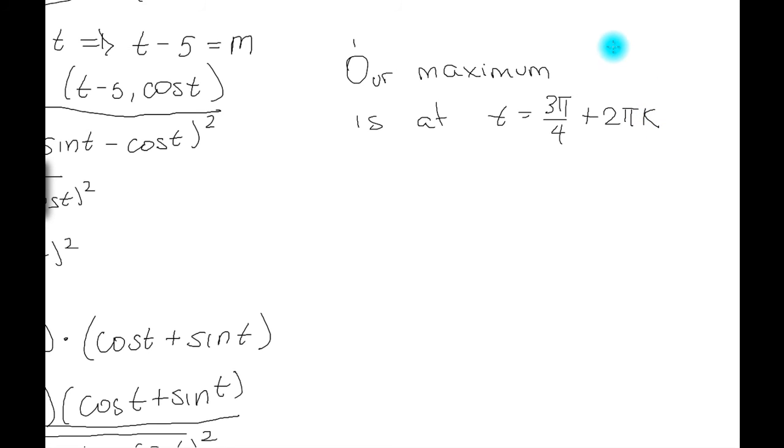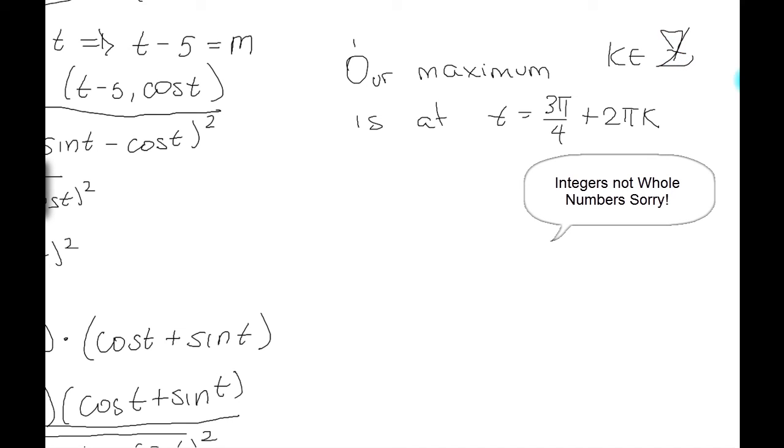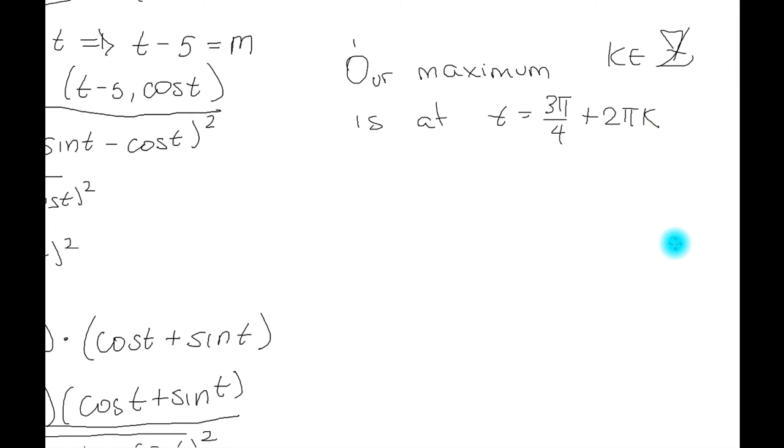So, our maximum is at t equals 3 pi over 4 plus 2 pi k, for k in the integers. Now, we want our maximum distance. So we're going to plug in that t into our distance formula.